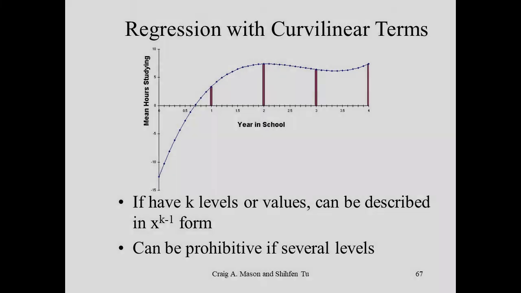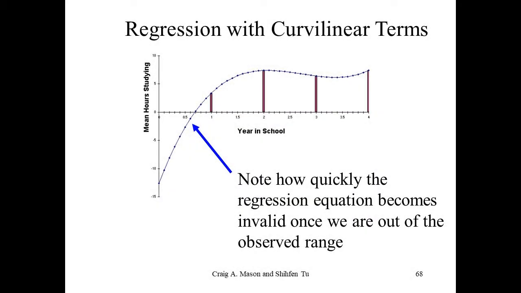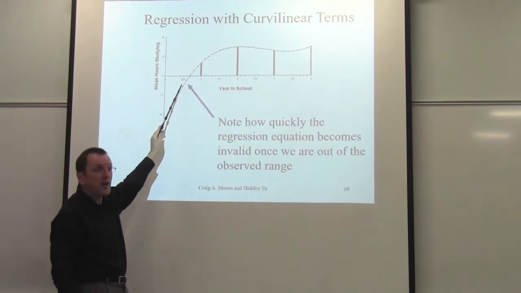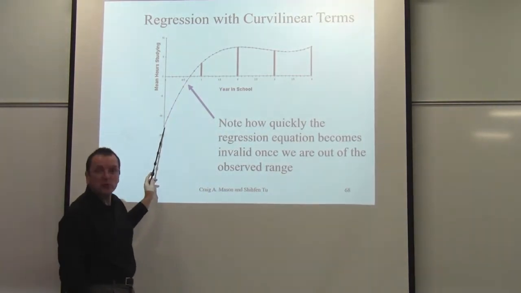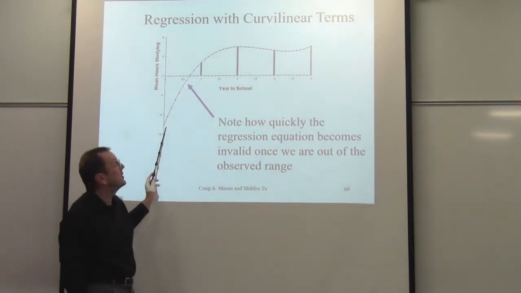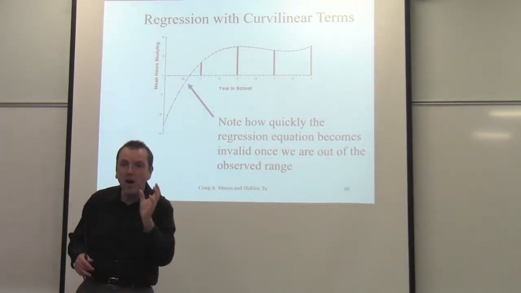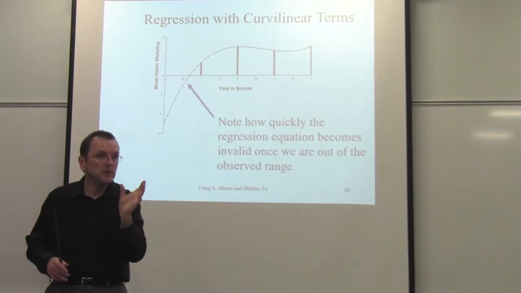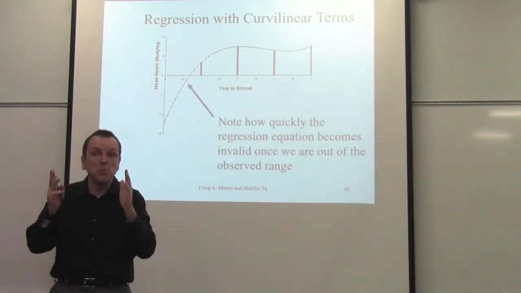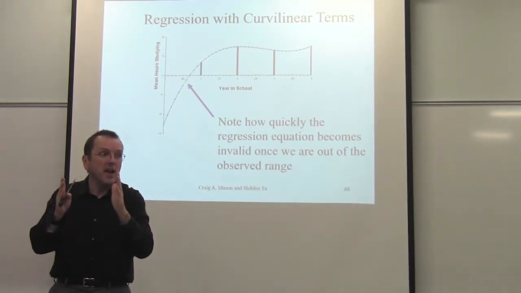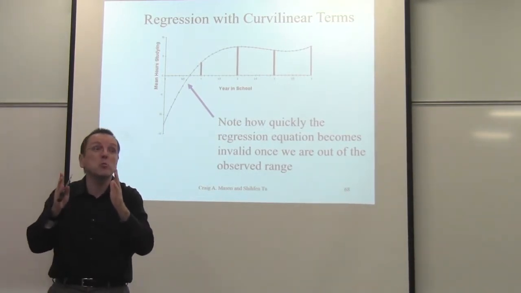But the problem is, notice once you go below 1, that value drops off dramatically. Things can change. The more complex your model gets, you'd be surprised how quickly, once you get out of your range of data, things can get crazy.